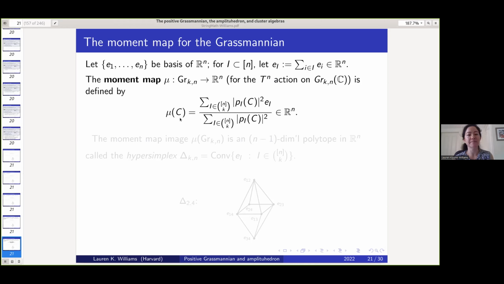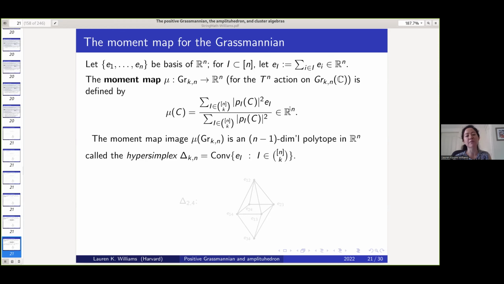If C is a matrix representing a point in G(k,n), then mu of C is the sum of E sub I's, these 0, 1 vectors, weighted by squares of Plücker coordinates, and then we divide everything by this normalization, which is the sum of the squares of the Plücker coordinates. So mu of C will be some point in Rn.